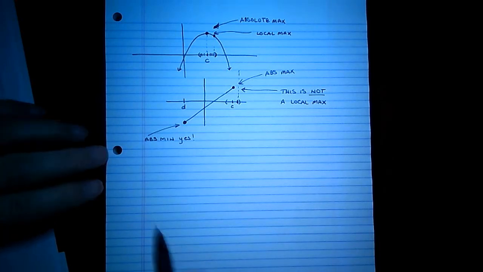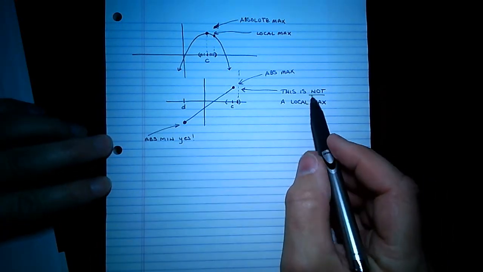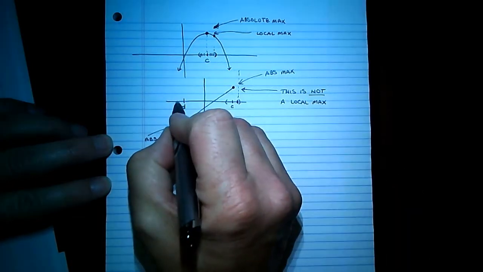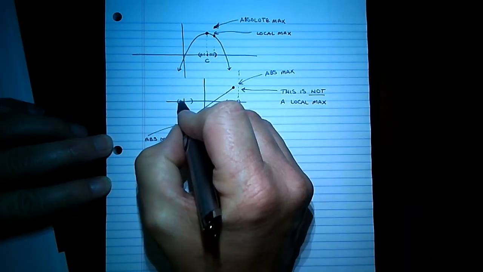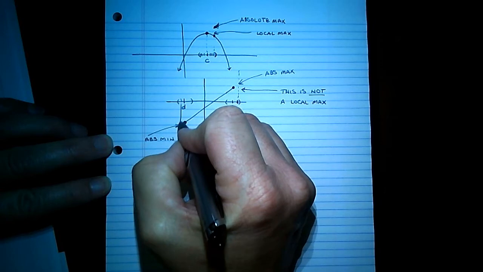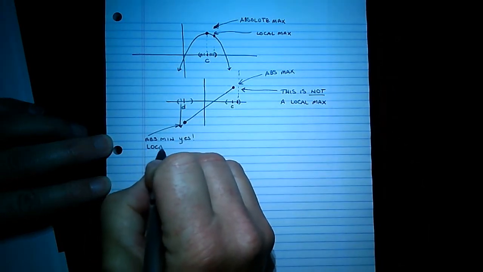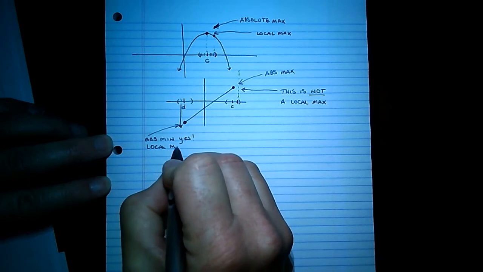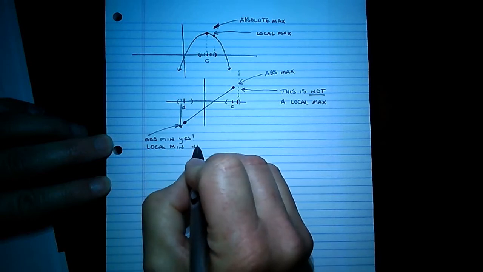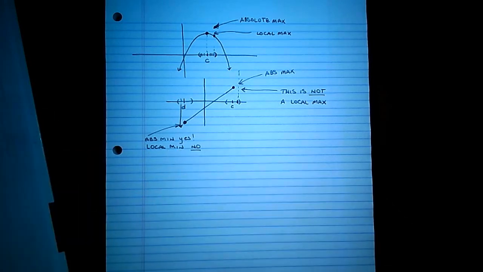However, this is not a local minimum, by the same argument we used up here. If I put an open interval around here, there are points over here that are not associated with the graph. So in terms of a local minimum, we would have to say no. No, this is not a local minimum. All right? That's a fine point. It's one that takes a little while for us to come to grips with, but it's a very significant point.